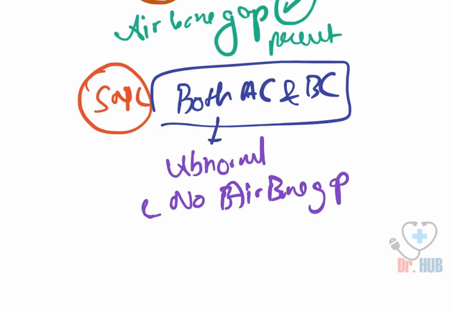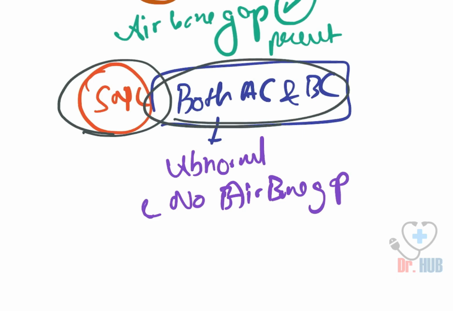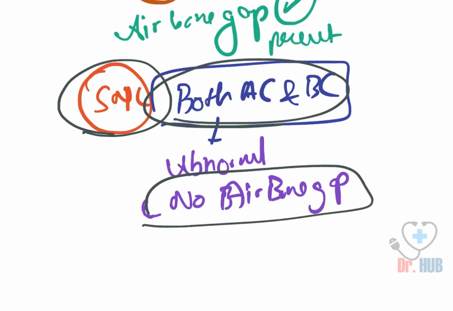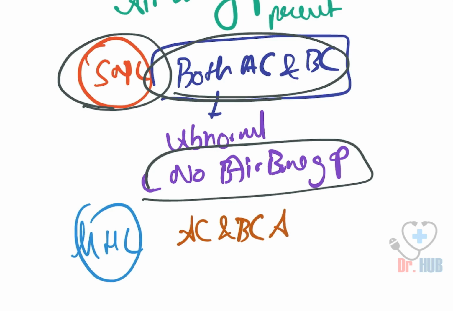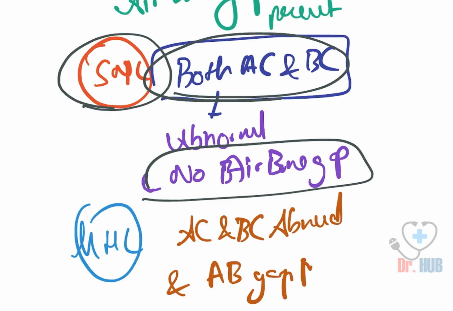Whereas in the CHL, what we saw is the AC is abnormal and the BC is normal. Next we look at the mixed hearing loss. In case of mixed hearing loss, both AC and BC are abnormal, and there is an air-bone gap present.